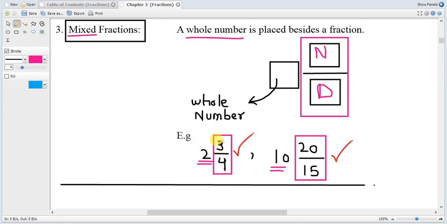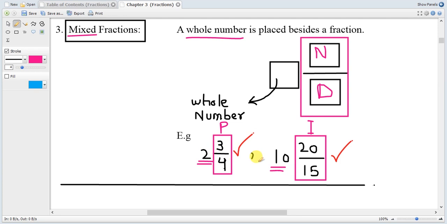Okay, now one more thing, if you compare both of these two fractions, you see here in your first one this is 3 over 4, the fractional part, in which 3 is smaller and 4 is bigger. So this is making a proper fraction, if we are just focusing on the fractional part and forgetting about the whole number. And this one is an improper fraction because the numerator is bigger, right?